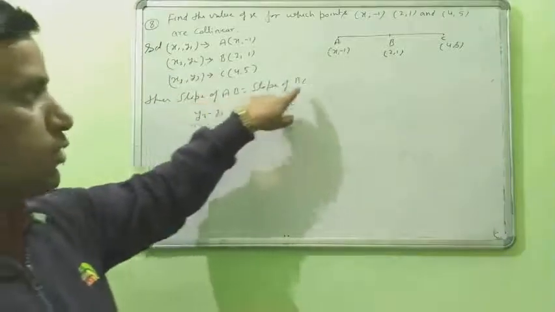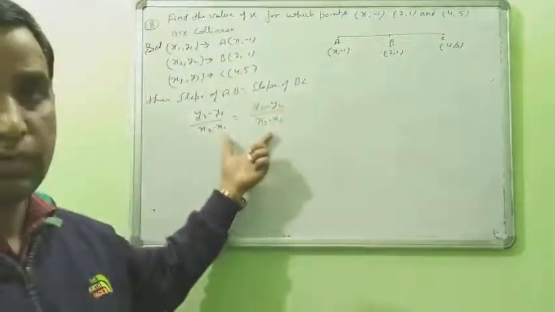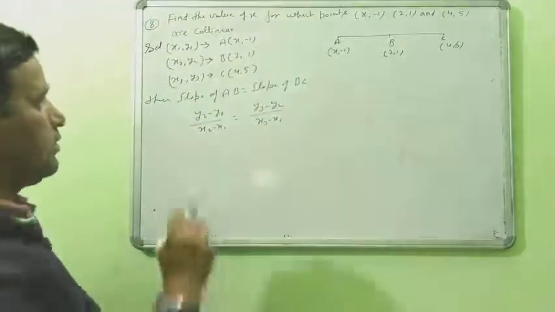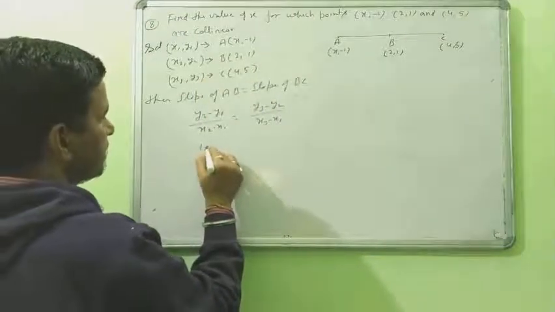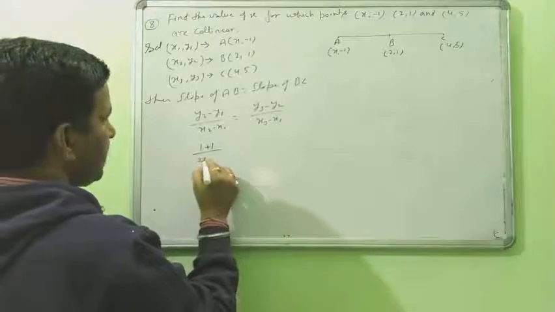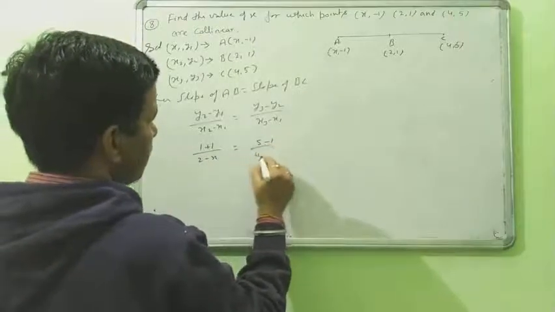Slope of AB equals slope of BC, because the three points are collinear, using this trick with the help of slope. So we get 1 upon 2 minus x equals 5 minus 1 upon 4 minus 2.